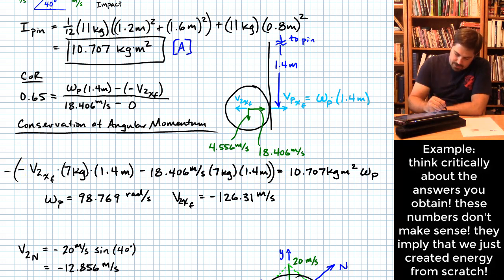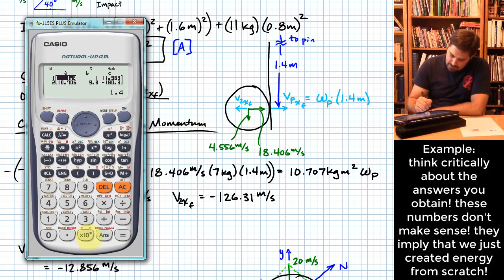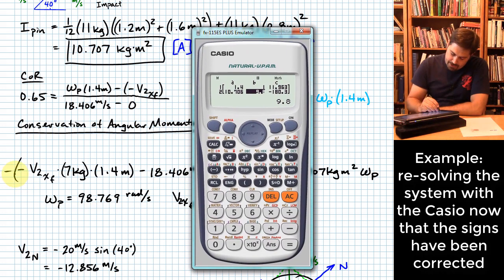Let's try punching that in and see if that does in fact fix it. Down here I would again put in just A, but here I would put in the negative of this, so the negative 7 times 1.4.